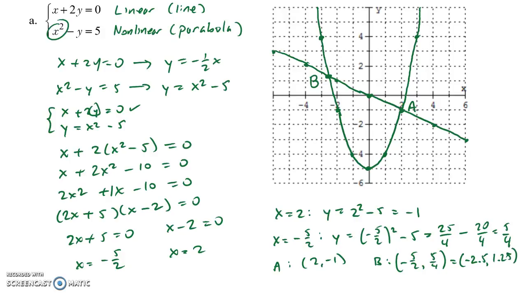Now, there's nothing wrong with writing it as fractions. In fact, maybe that's better, but by writing it in decimal form, we can see by looking at the graph that those coordinates do appear to be correct. The x-coordinate should be at about negative 2.5, the y-coordinate at 1.25, and that corresponds with the solution B that we see on the graph.